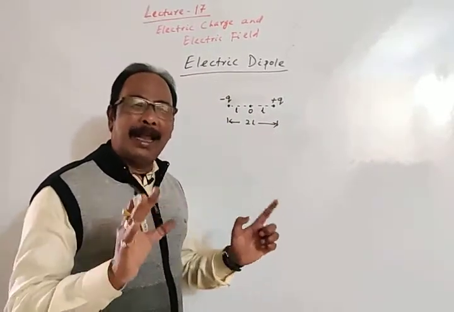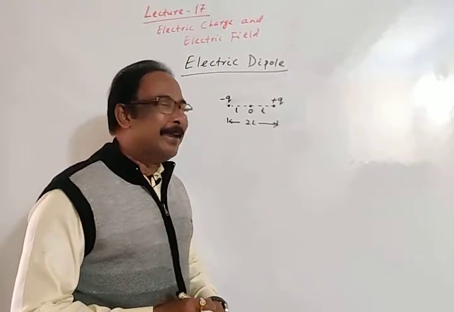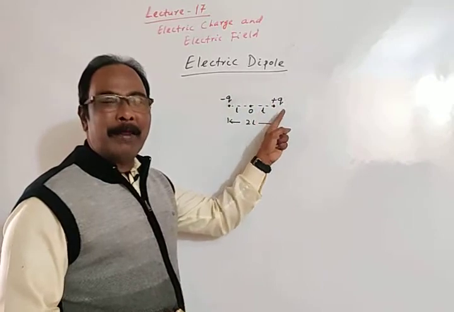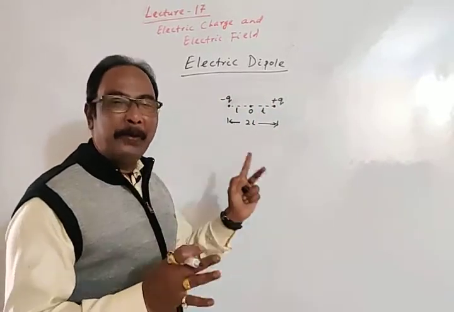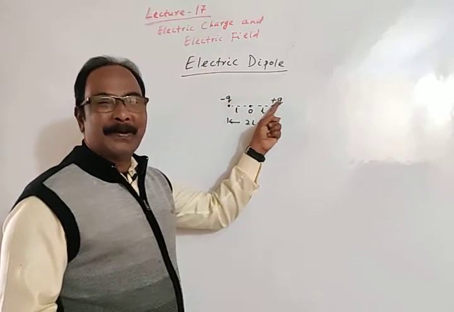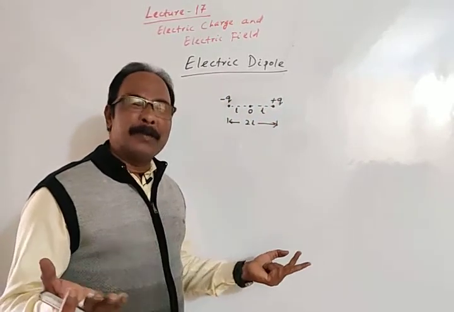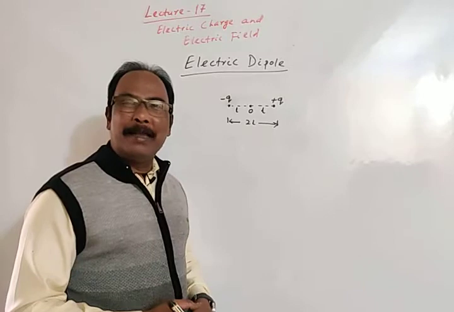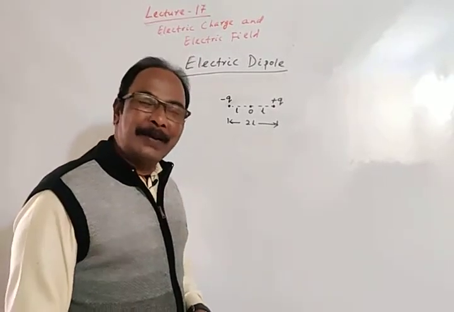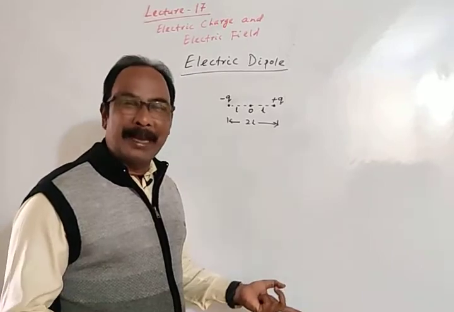Thus an electric dipole consists of two charges of equal magnitude q and opposite in nature. In a simpler way, an electric dipole consists of two equal and opposite charges. What's equal? The magnitude.